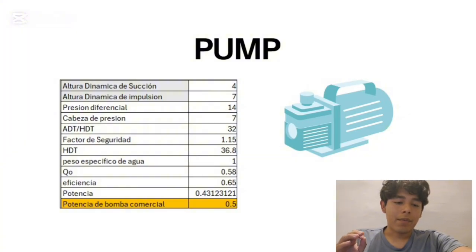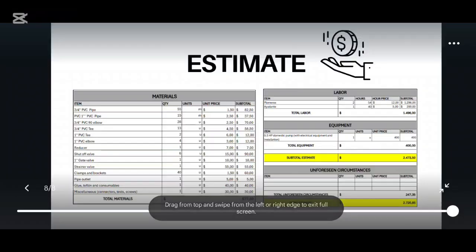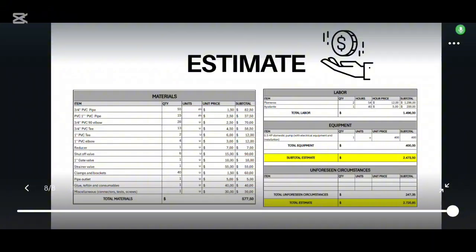We use the formula to calculate the necessary power, and we have 0.43. But we can use the minimum commercial pump, that is 0.5. Thank you.